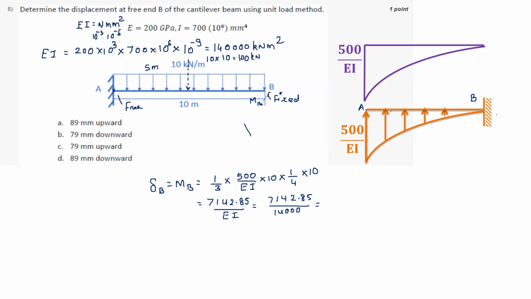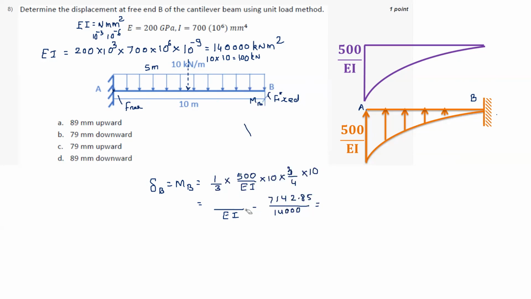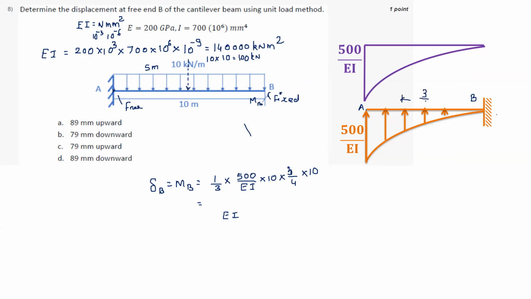Sorry, it will be from here: 3/4 from B and 1/4 from A. Therefore, this will be 3/4 of 10 from B. So this 3 gets cancelled, and we have 500 into 25 divided by 14,000, and we get this value.